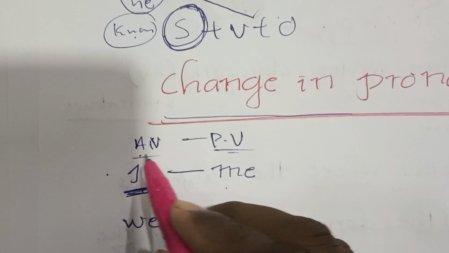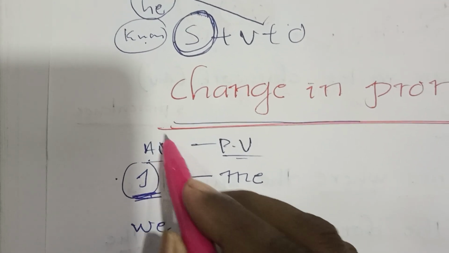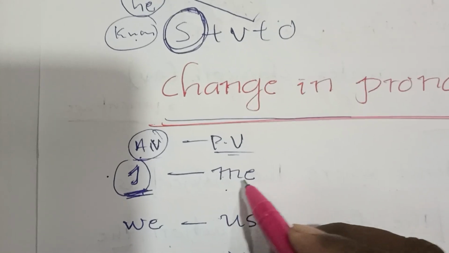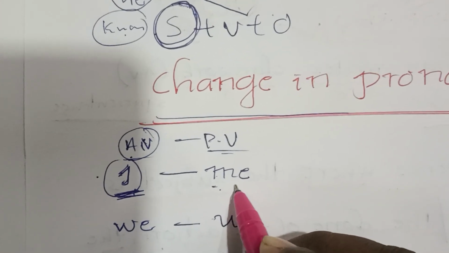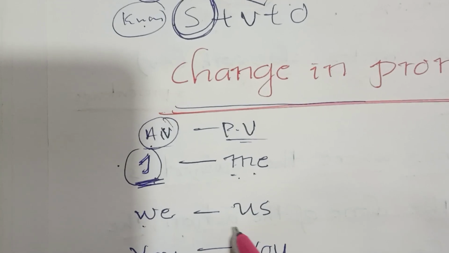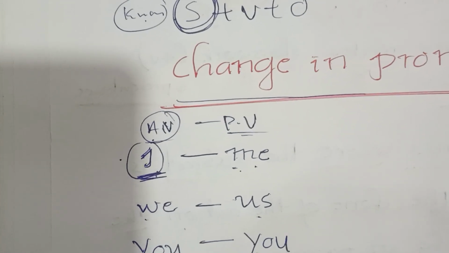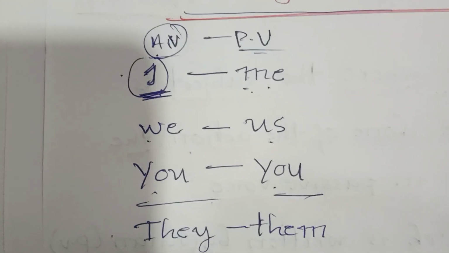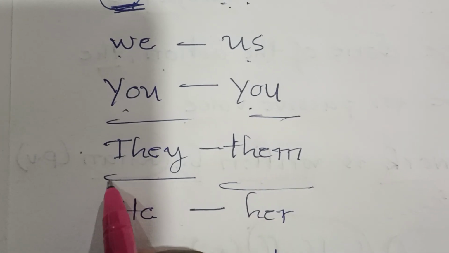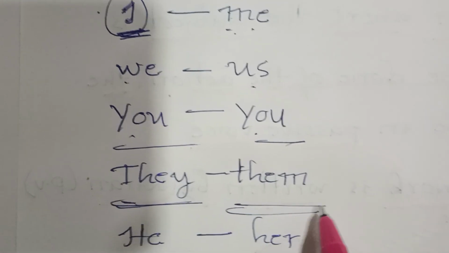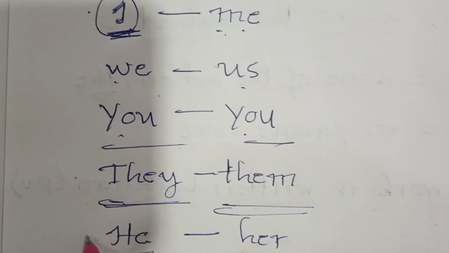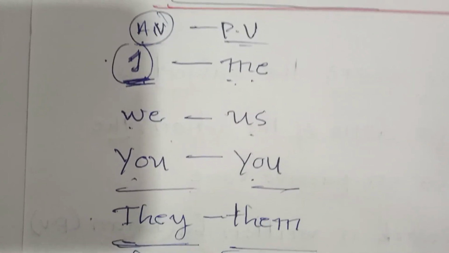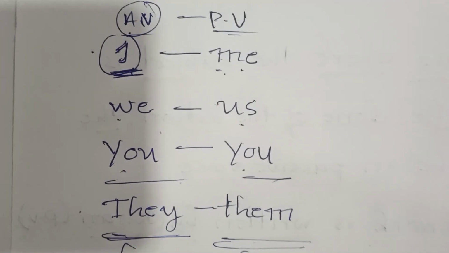In an active voice sentence, if the subject is I, in the passive voice sentence the object is me. Okay, we changes into us, you changes into you, they changes into them. Objective case of they is them. Objective case of she is her. Objective case of it is it.